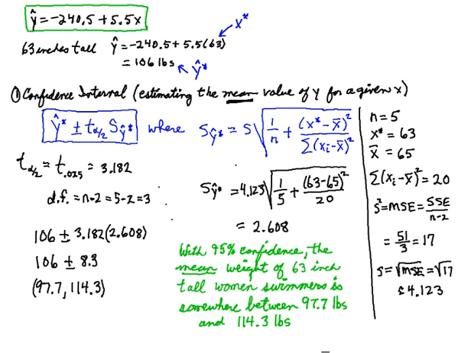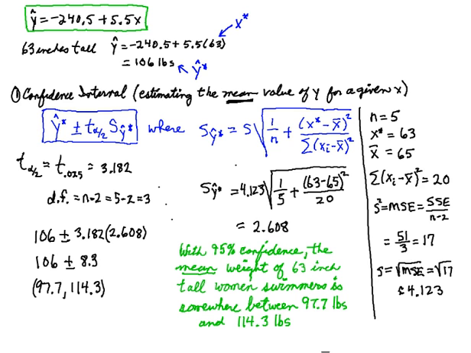I can also say that the mean weight of women swimmers who are 63 inches tall is within 8.3 pounds of that 106, or somewhere between 97.7 and 114.3 pounds.